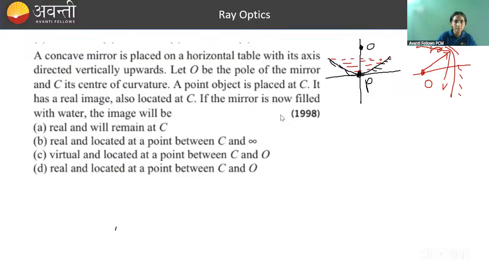Let's see. So what will happen? Initially only reflection was happening. Now refraction will also occur, such that the light that comes in will refract here, and because of refraction it will go like this, then fall on the mirror, then get reflected, and then again refract at this surface.